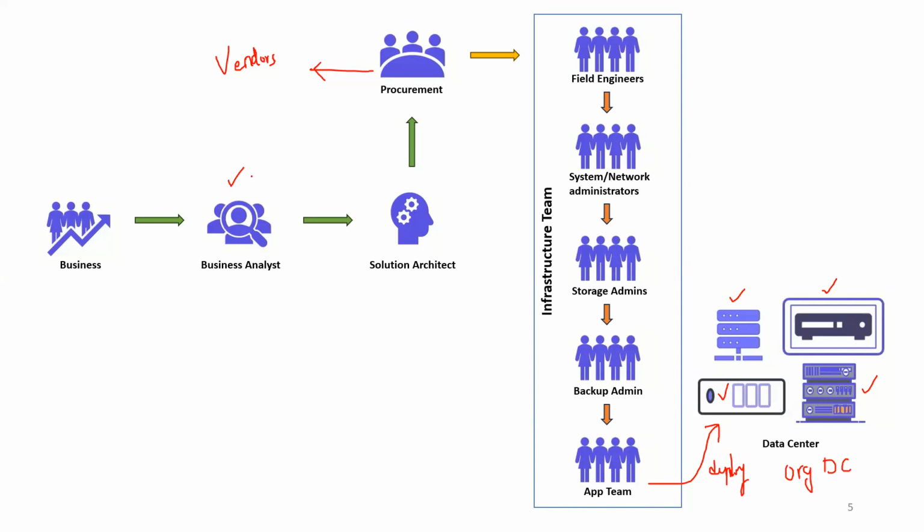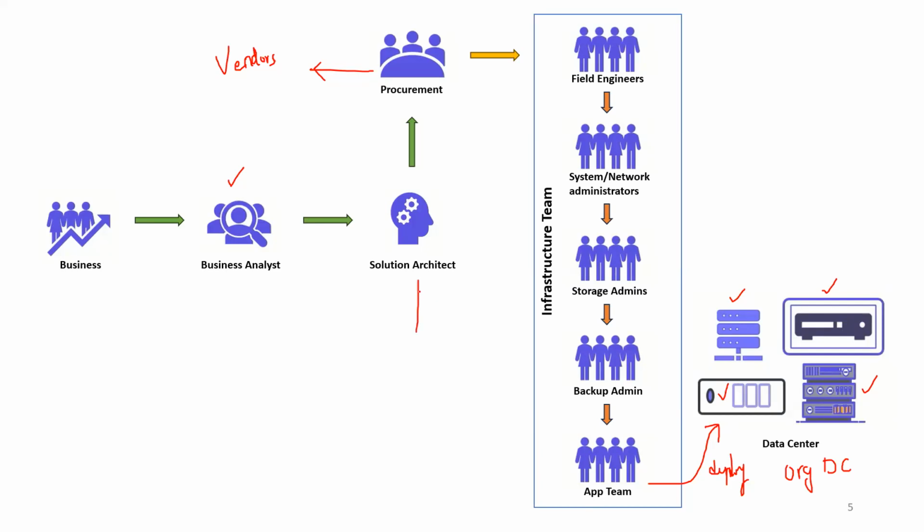He converts that into high level technical requirements. Now he will be passing that information to the solution architect. The solution architect will create an architectural design to be followed for the deployment of your application, and that involves many things.